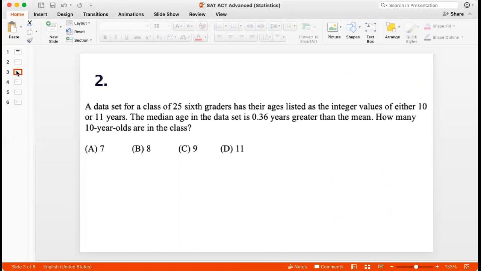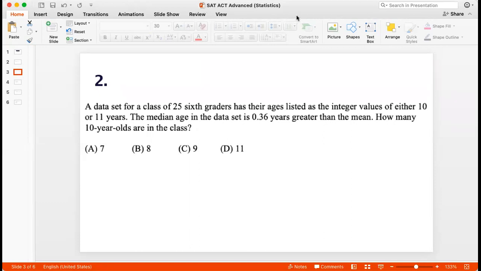Question 2. A data set for a class of 25 sixth graders has their ages listed as the integer values of either 10 or 11 years. The median age in the data set is 0.36 years greater than the mean. How many 10-year-olds are in the class?